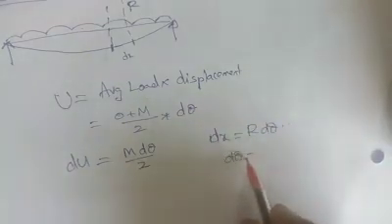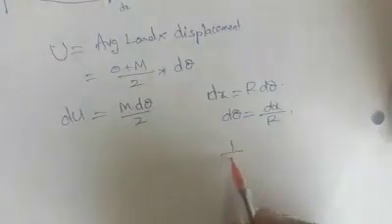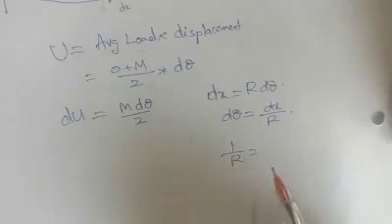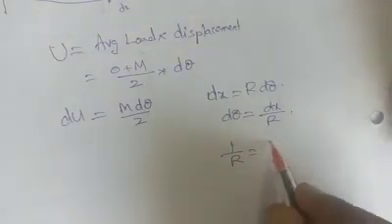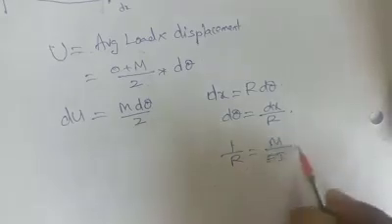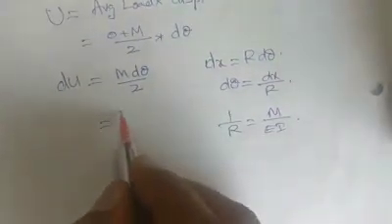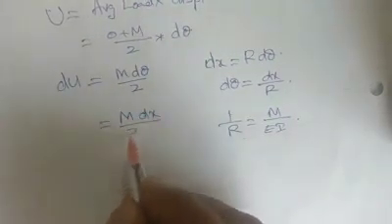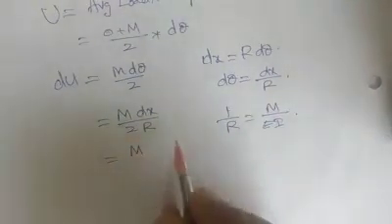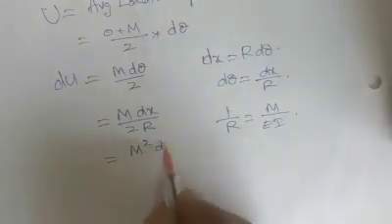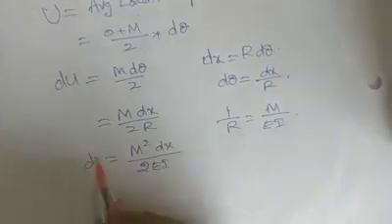Therefore d theta is equal to dx by r, and also M by I is equal to F by y is equal to E by r, so 1 by r is equal to M by EI. Substituting this, it becomes M dx by 2r, and again with 1 by r equal to M by EI, M square dx by 2EI. This is for a small length of the beam.